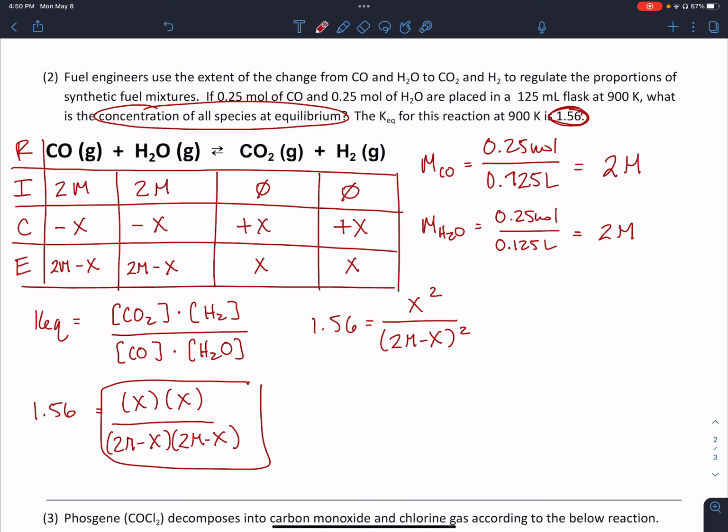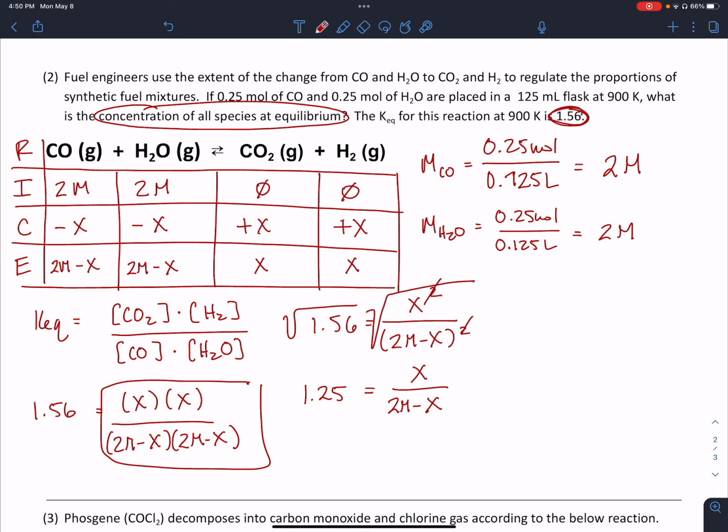So this is a perfect square. We've got a square on the top and a square on the bottom, so I can fix that by taking the square root. Both of those squares are going to cancel, but I have to do it to both sides. So when I do that, I end up with 1.25 is equal to X over 2 molar minus X. Now I'm going to do some algebra.